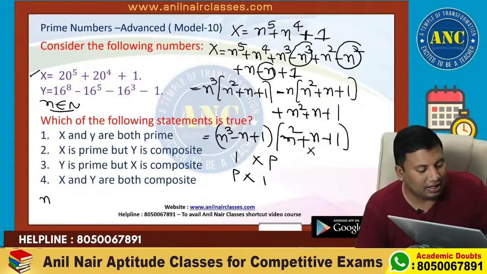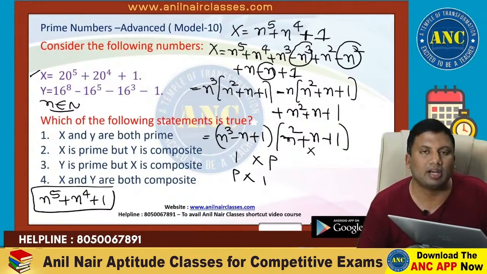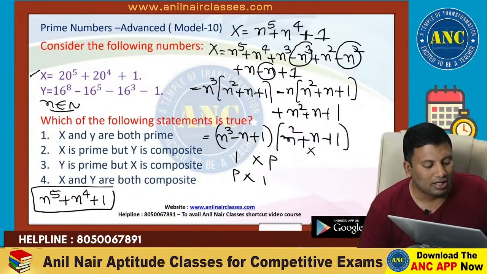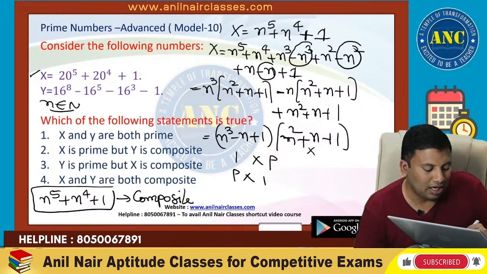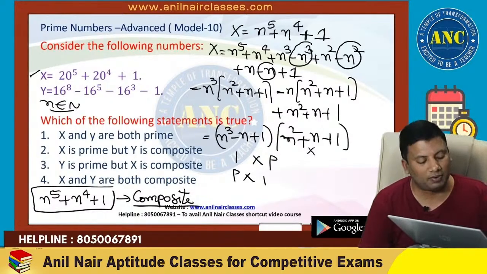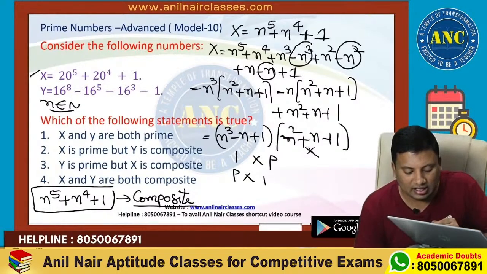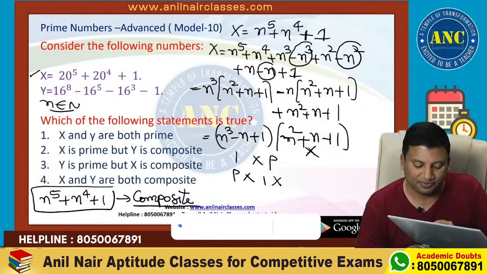Very, very important concept. Any number which is of the form n power 5 plus n power 4 plus 1 is a composite number. Neither factor can take the value 1, because 1 plus positive, how can I get 1?